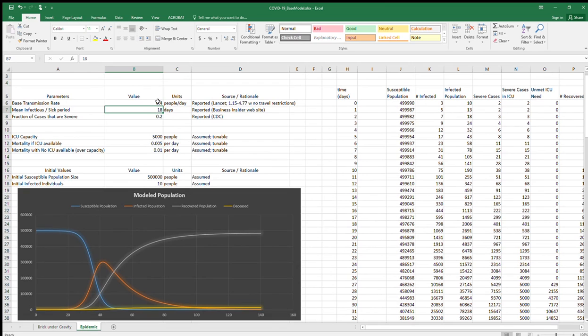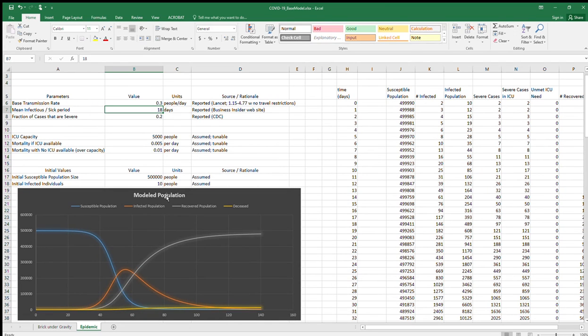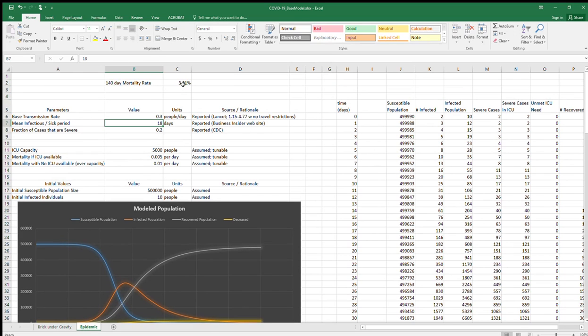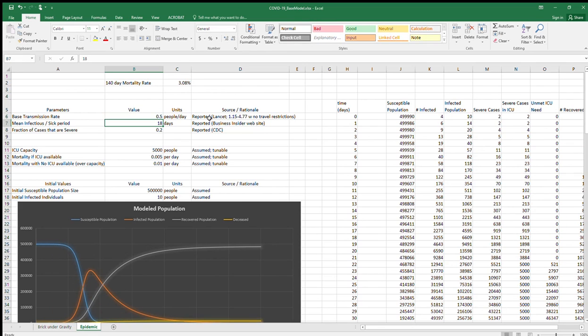Well, that's pretty significantly different. If it changes to 0.3, what happens? This pushes it even further, changes the number of cases, but interestingly, doesn't change the mortality rate terribly much. So at 1.1, it was 3.11% total mortality rate. At 0.5, it's 3.08, even though the shape of this changed.